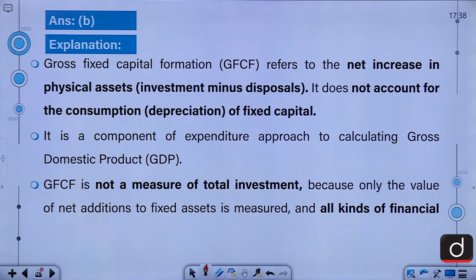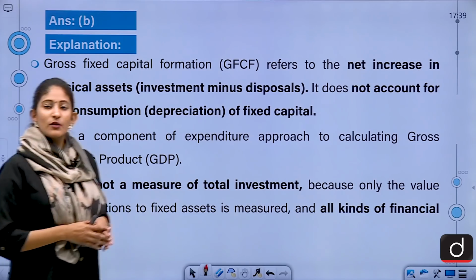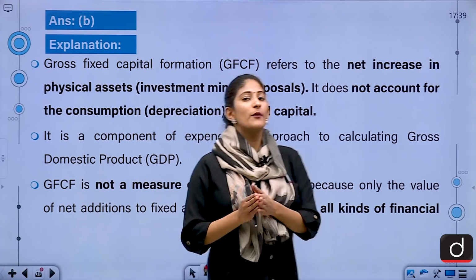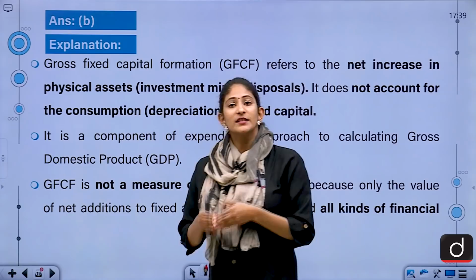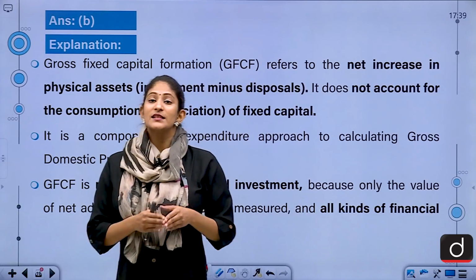Gross fixed capital formation refers to the net increase in physical assets. That means investments minus disposals. It does not account for the consumption, that means depreciation of fixed capital. It is a component of the expenditure approach to calculating gross domestic product. Now, because of the COVID-19 induced lockdown and even before that as well, the gross fixed capital formation was declining.